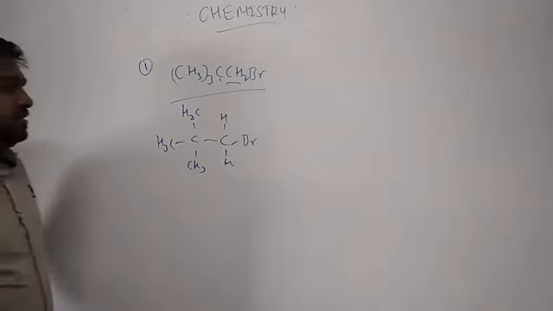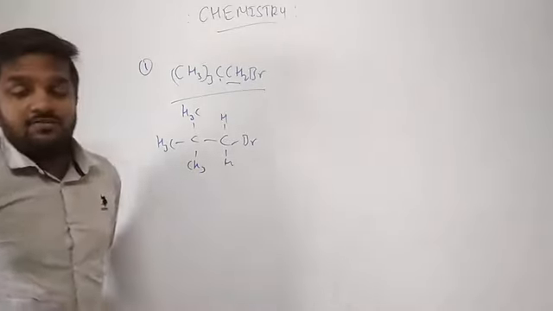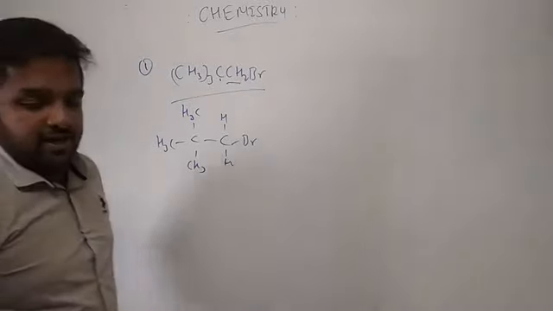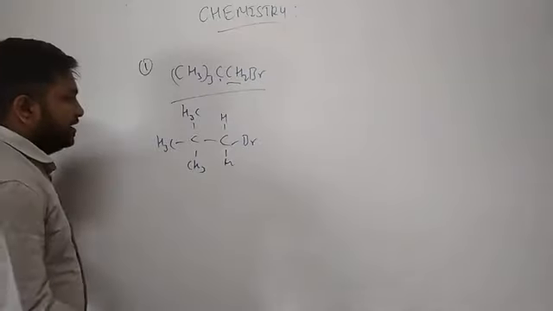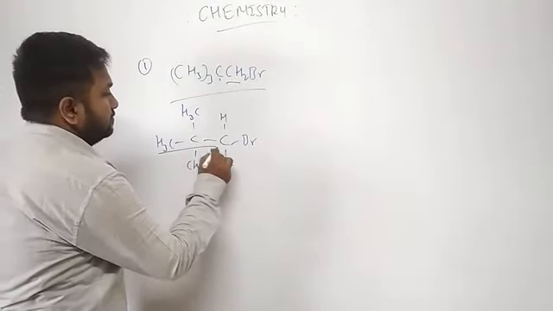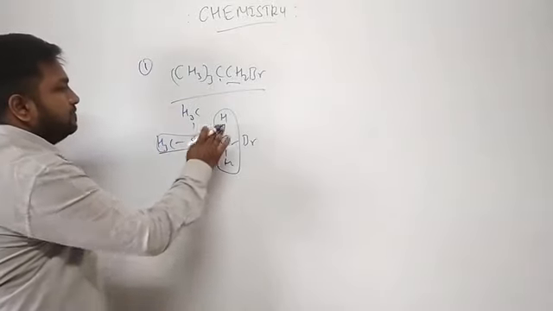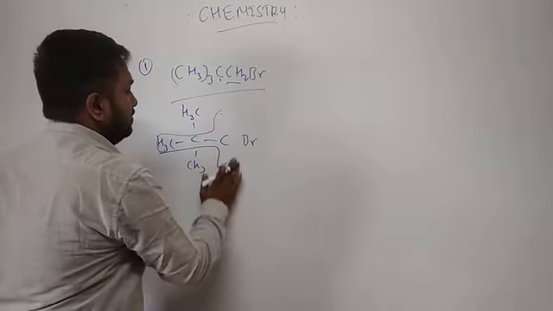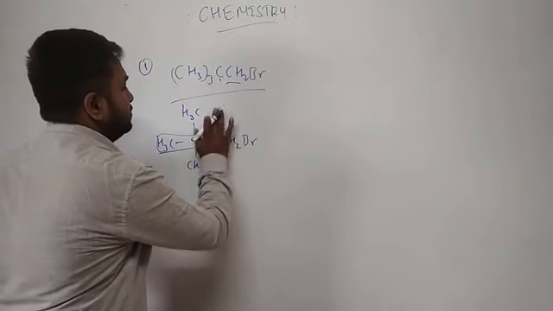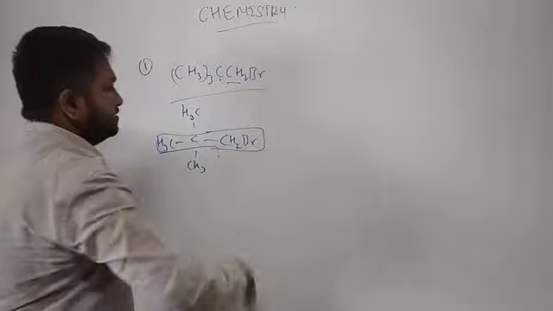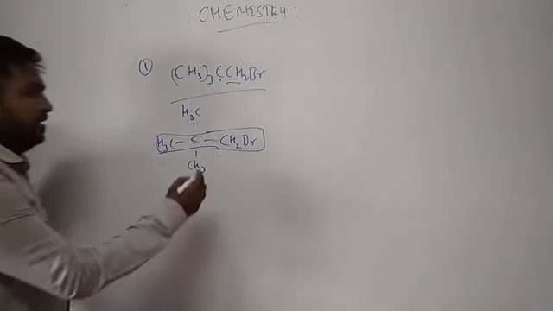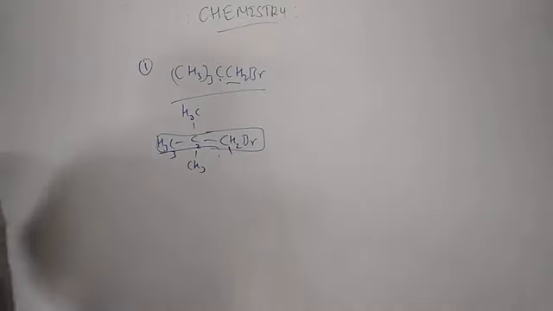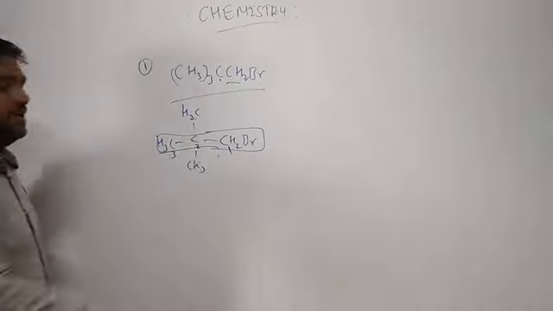So now the thing is, you need to identify the longest chain. Which is the longest chain here? If I write like this, CH2Br, okay, this is the longest chain. Clear? So now let's name this compound. 1, 2, 3 carbon atoms, and 2 methyl groups have been attached to the second carbon atom.